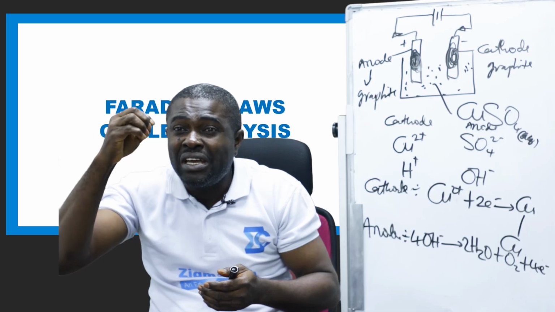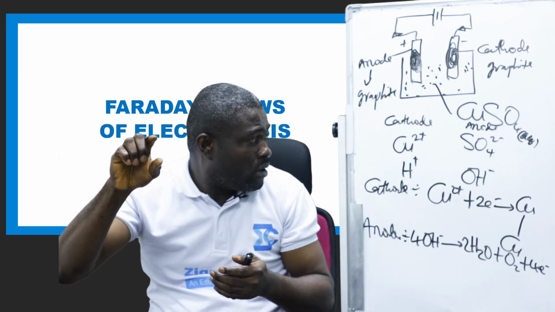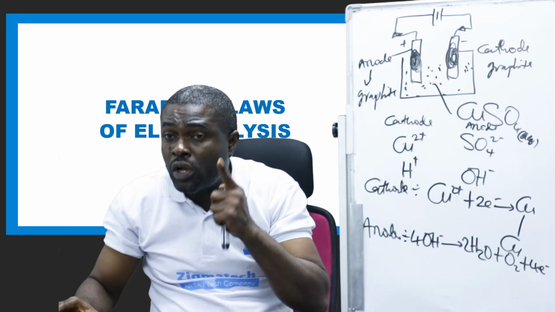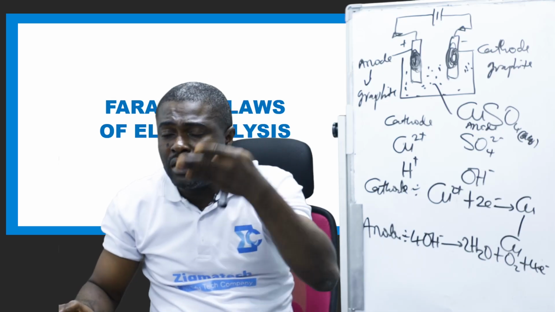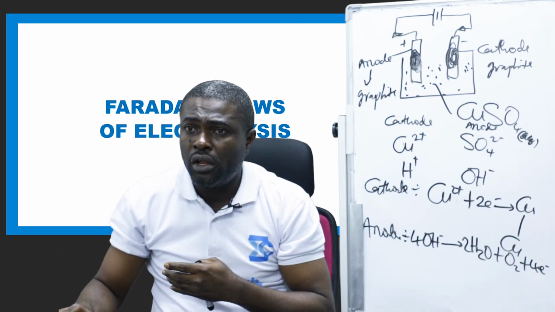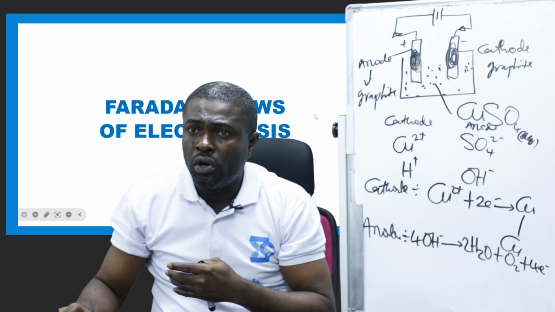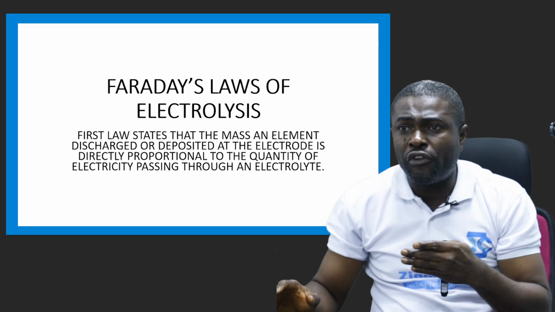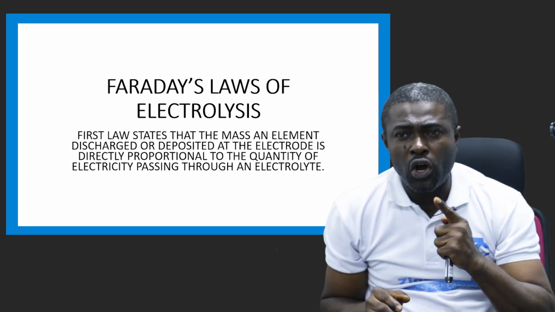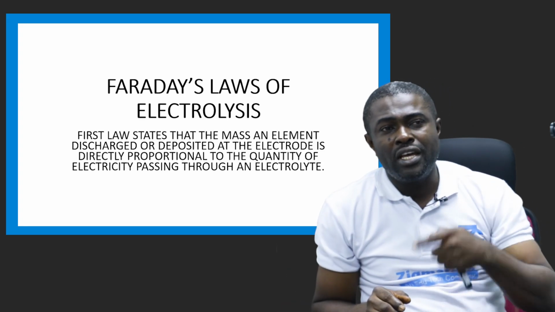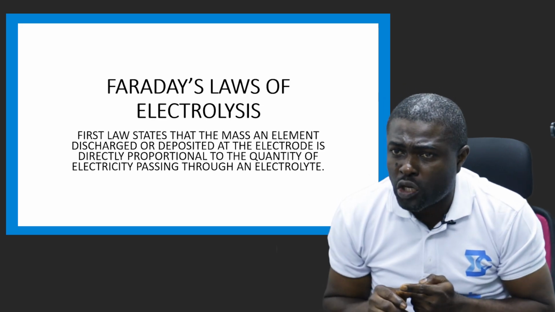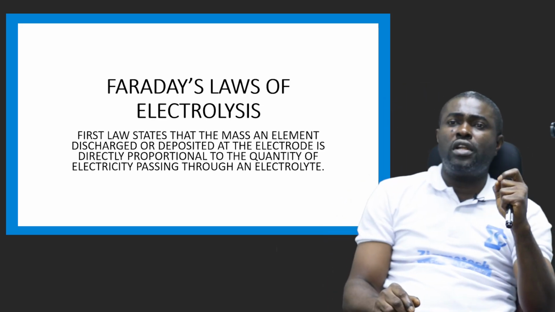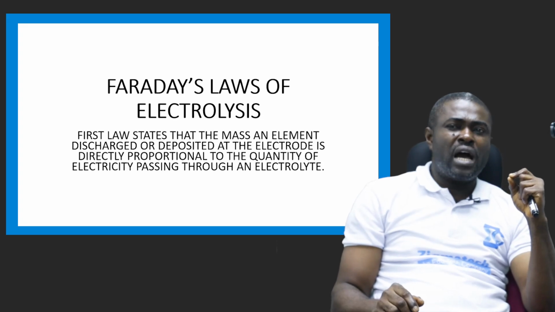That was what made him come up with the first law, which is stated as: the mass of an element discharged or deposited at the electrode is directly proportional to the quantity of electricity passing through an electrolyte.